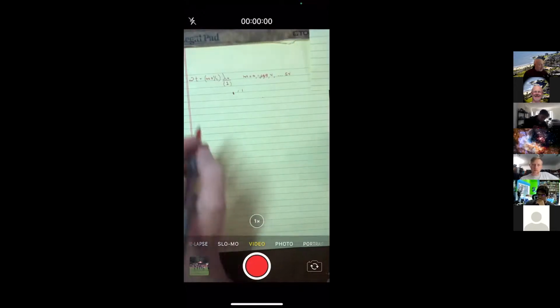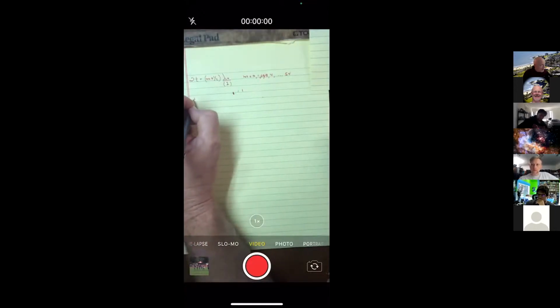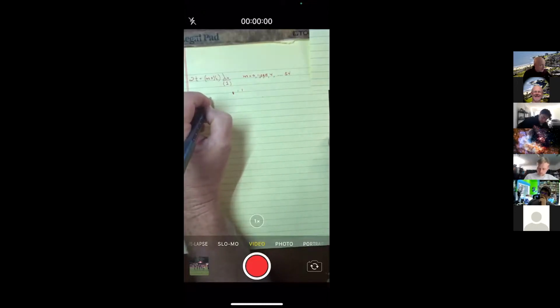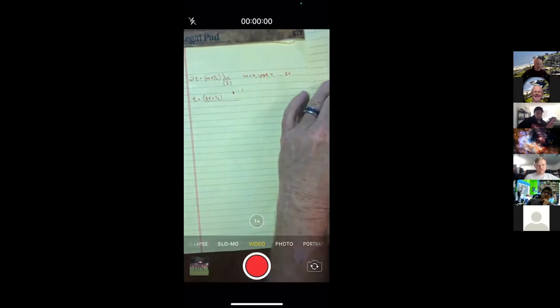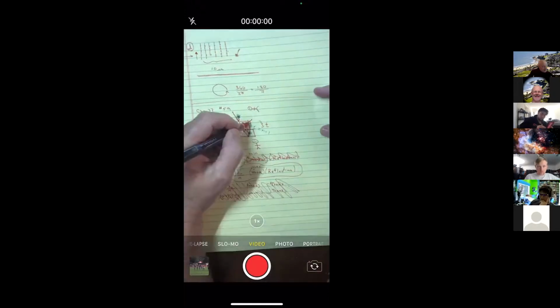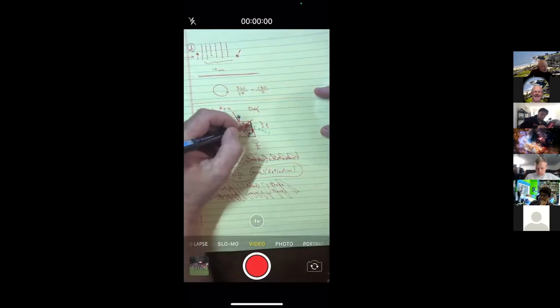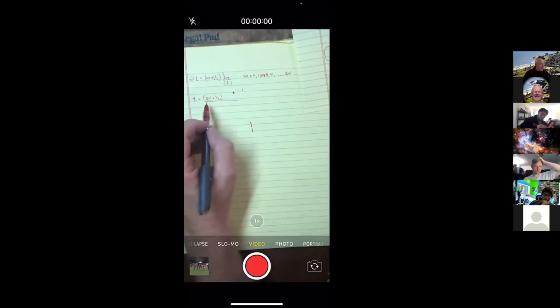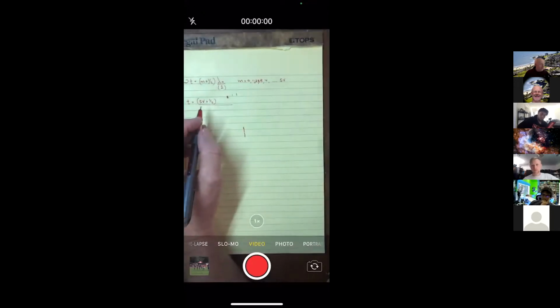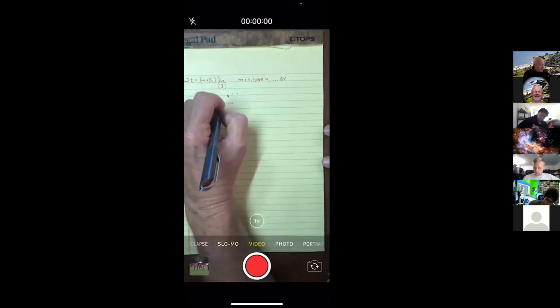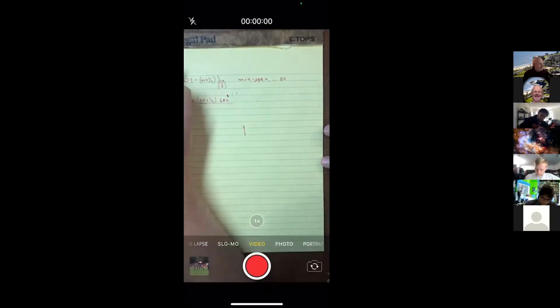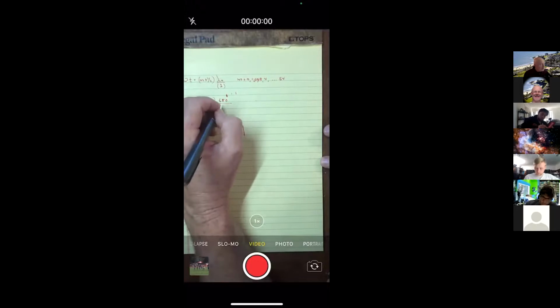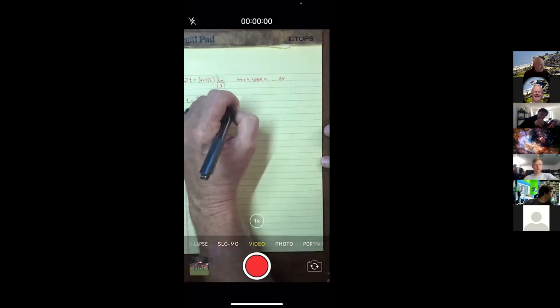So the bottom line here is I can find the thickness of the last ring. The last ring would be way out here on the edge, because that would correspond to m equaling 54. And our wavelength is 650 nanometers.